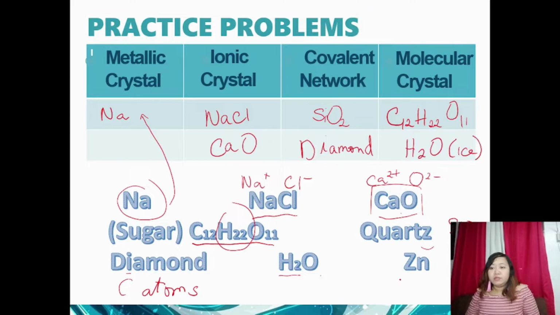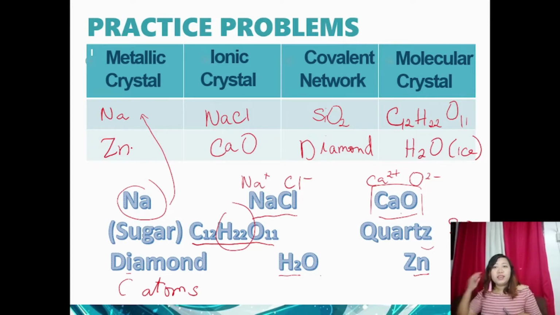Okay, and last one, we have zinc. Zinc is a metal. It is in the transition metal part of the periodic table. Therefore, it can be formed as a metallic crystal.